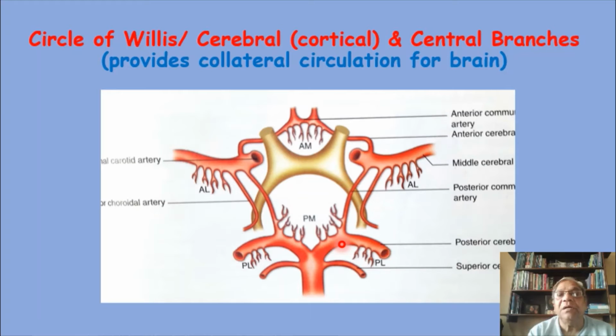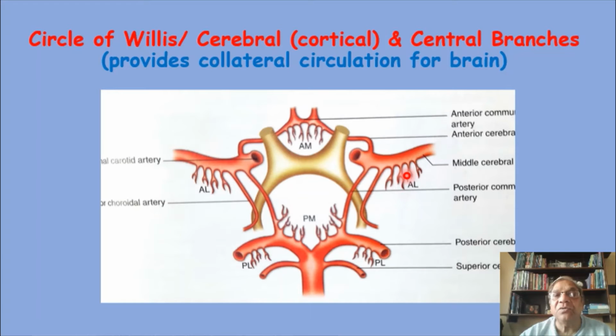Now the circle of Willis gives mostly the branches which are called the central branches. What you are seeing here, these are the branches. See where PM is written, and these are the branches where AM is written. Some of these branches are also considered branches of the circle of Willis, though they are not directly taking origin from the circle.